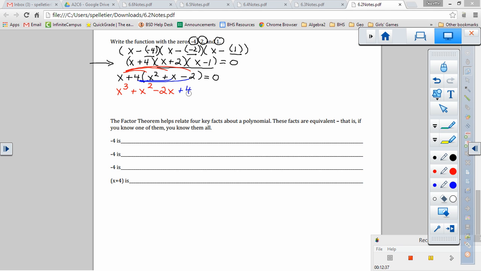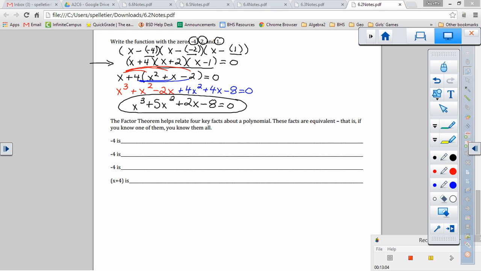So 4x squared plus 4x minus 8 equals 0. Combine all my like terms and write my equation in standard form. X to the third plus 5x squared plus 2x minus 8 equals 0. There is my polynomial in standard form.